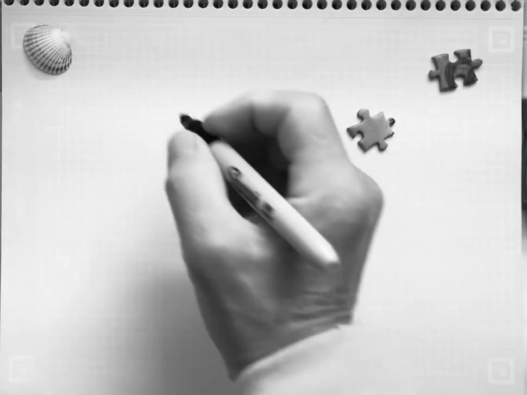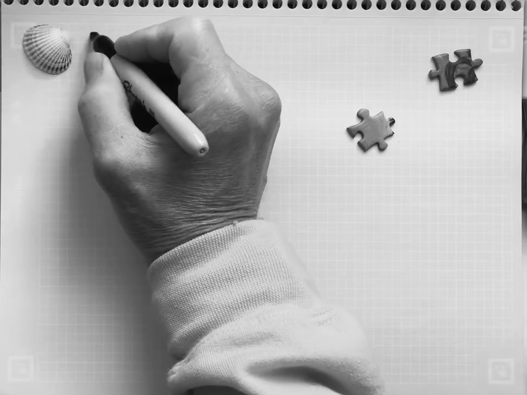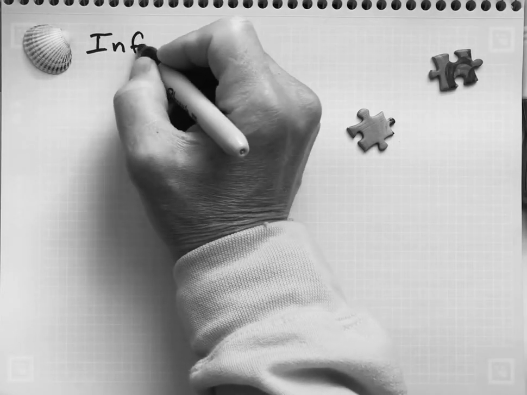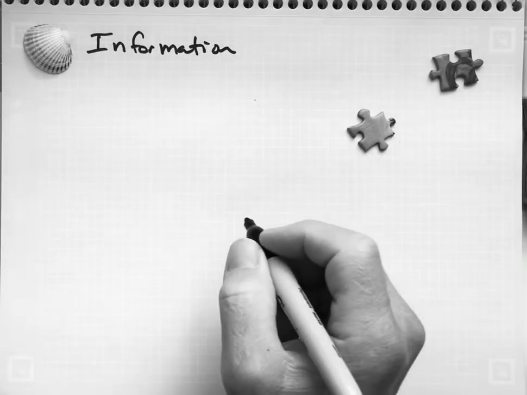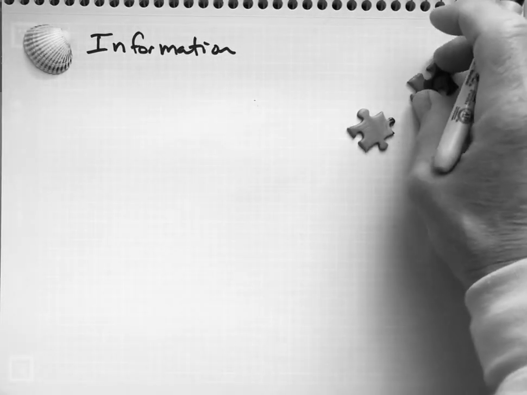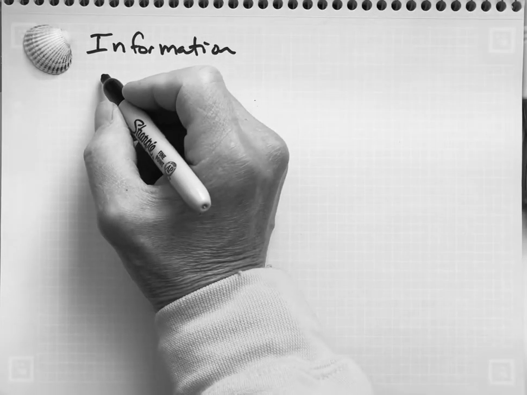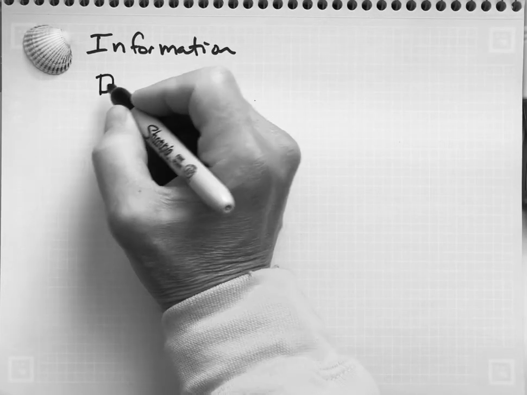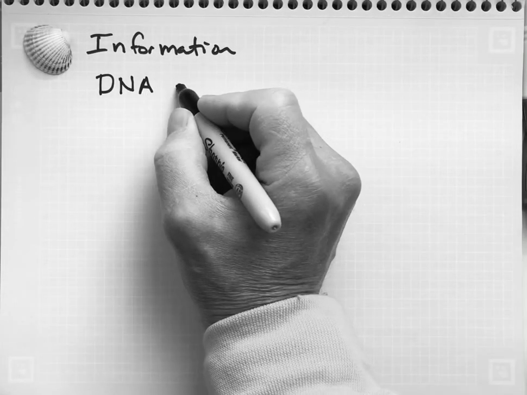So in this video, I want to give an overview of what I call information biochemistry. And I think we have all been introduced to this central dogma flow of information where we store information in the form of DNA.